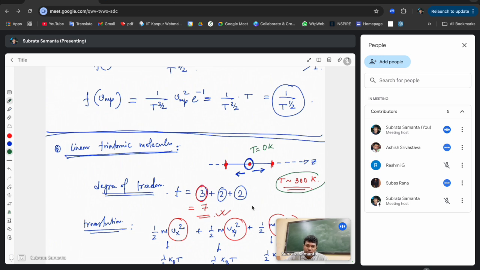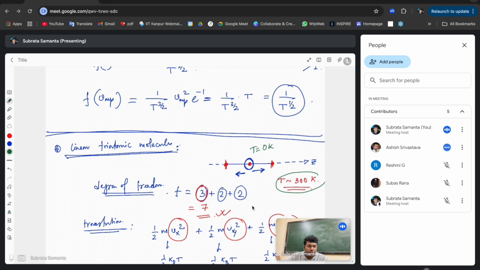They can rotate about 3 axes, not 2. That changes there, and for the vibrational case also it will be difficult. I'll think about it, and I'll try to answer in the next class. That's a very good question.